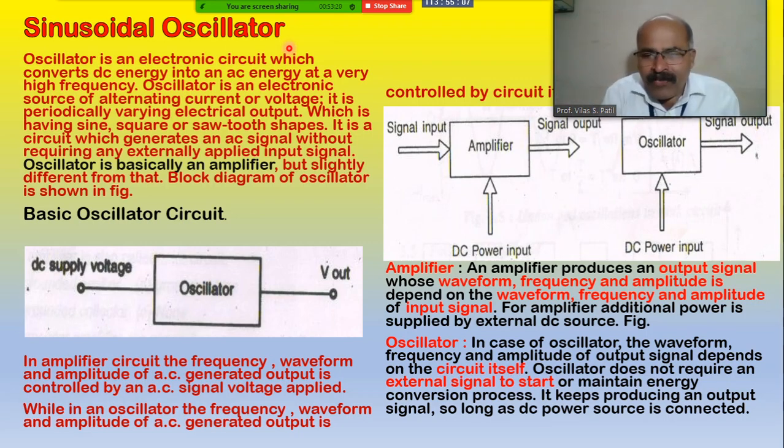It means that sinusoidal oscillator is the electronic circuit whose output is sine wave and its frequency and amplitude are constant. That circuit is known as an oscillator. That is, sinusoidal oscillator is the electronic circuit whose output is sine wave and its frequency and amplitude are constant.